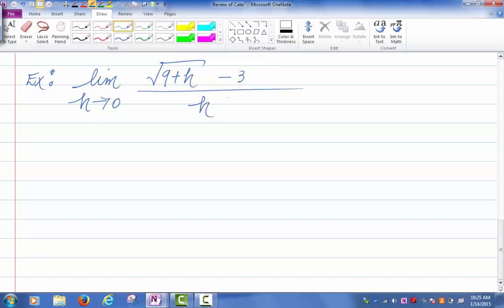Okay, so what should I do now? What's the limit of the denominator here? 0, right? What's the limit of the numerator? So the limit form is 0 over 0.